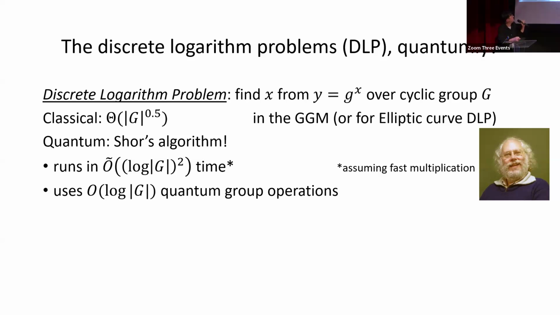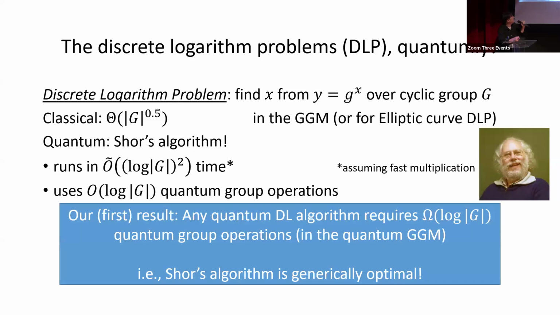And our result says that this is optimal. If we are thinking about a quantum discrete logarithm algorithm which only accesses the group elements in a generic way, that is, in the quantum generic group oracle model, then it requires a logarithmic number of operations to find the discrete logarithm.